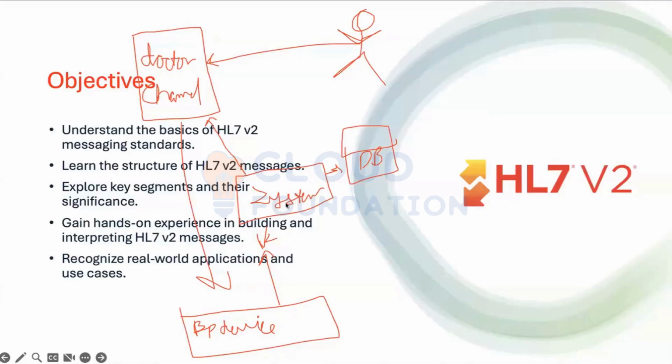At that point also, our system will be responsible for converting this HL7 version 2 message to JSON. Getting my point? Any confusion or doubt in this? Note, not only JSON, this was just an example.